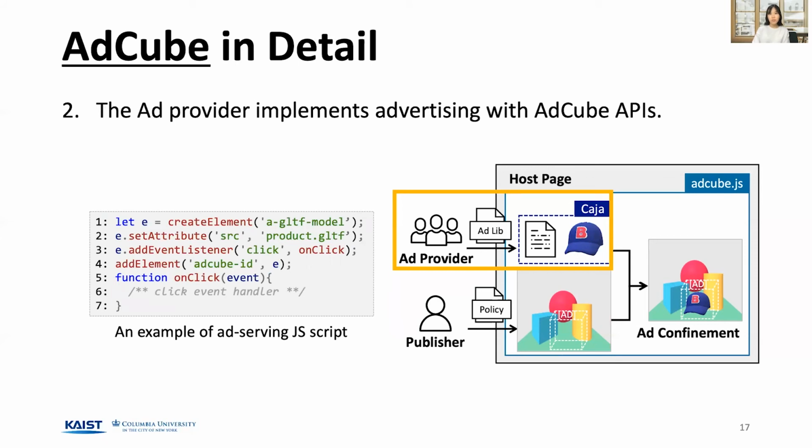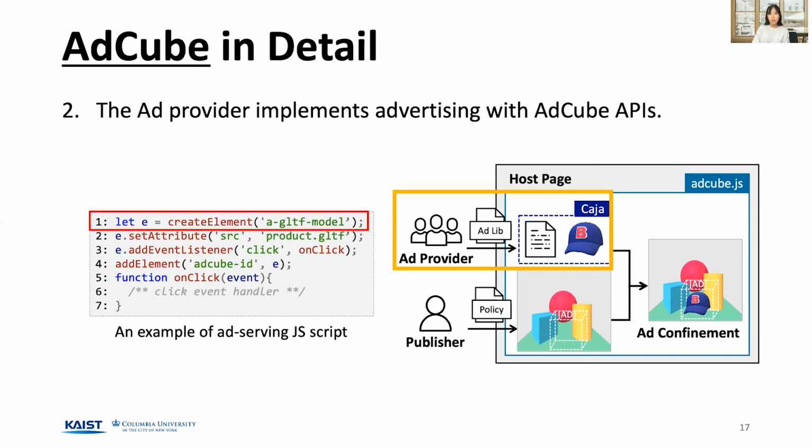To sandbox the third-party ad library, AdCube leverages Caja, a sandbox framework from Google. Caja sandboxes the execution of guest code from its host page by allowing them to only execute predefined APIs. Thus, AdCube offers a set of APIs that allows the ad script to implement advertising behaviors.